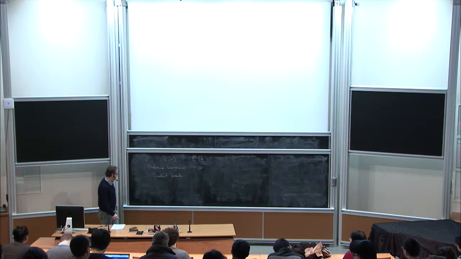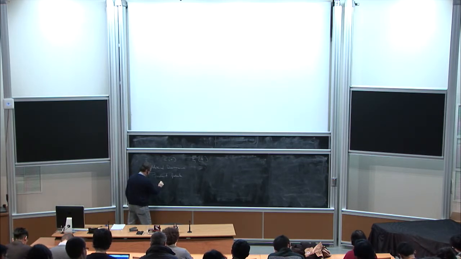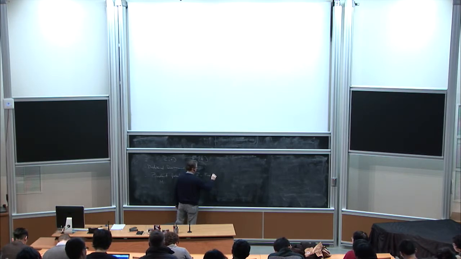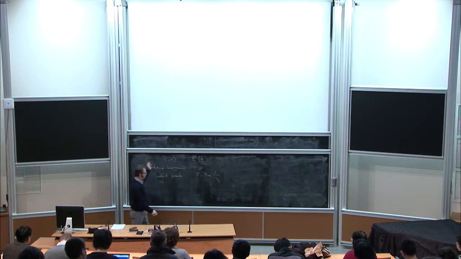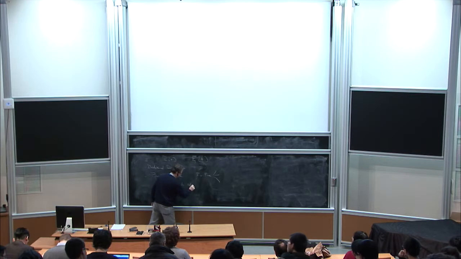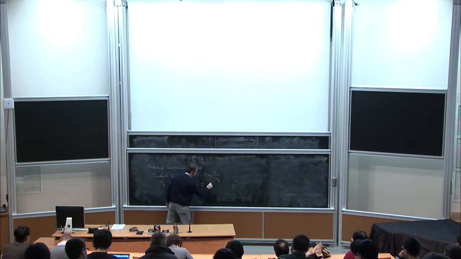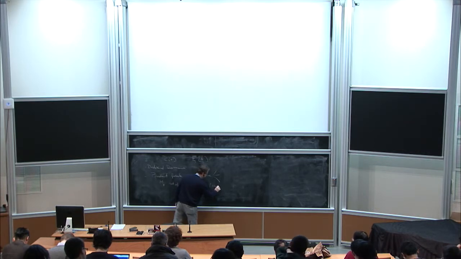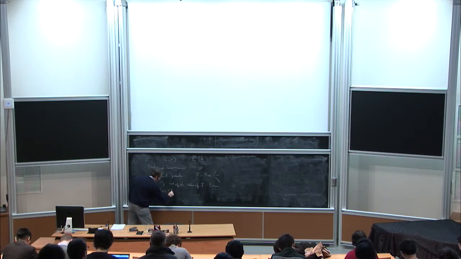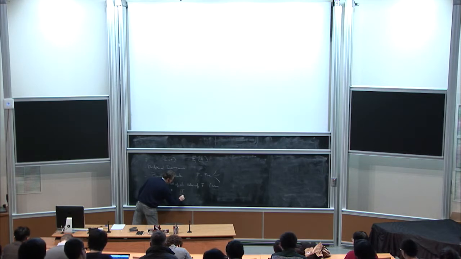If you call F one of the fields of fractions of one of these three rings, and M_F is the set of absolute values, duly normalized, you have that for every a in F star, the product over v in M_F of |a|_v is equal to 1.